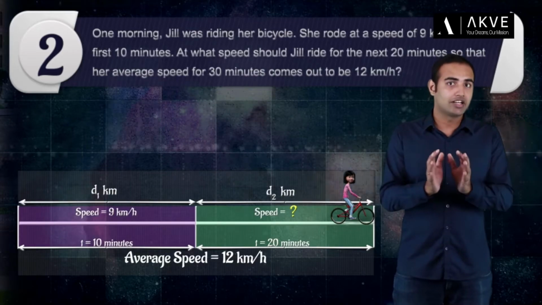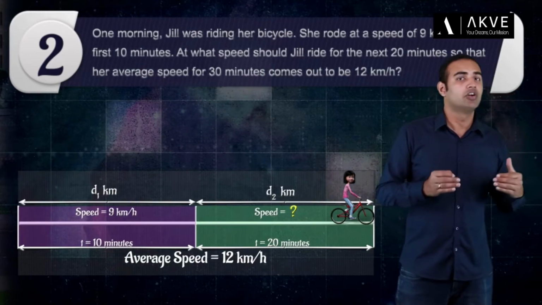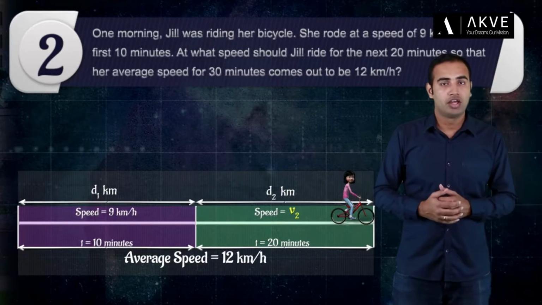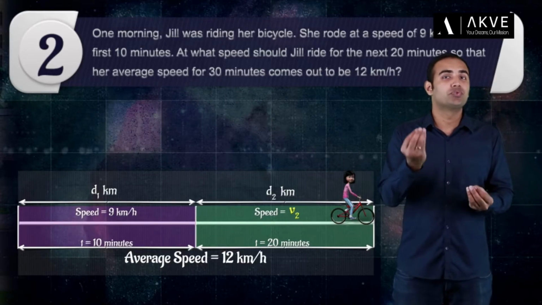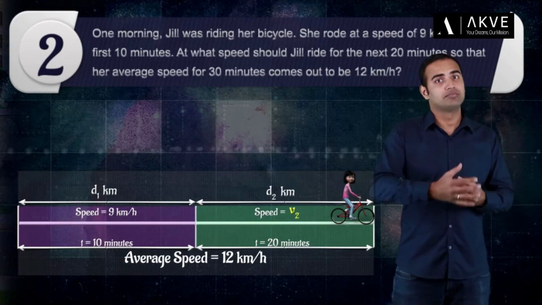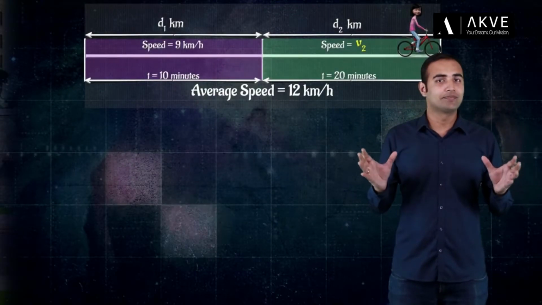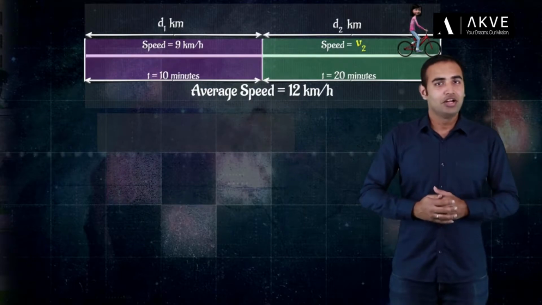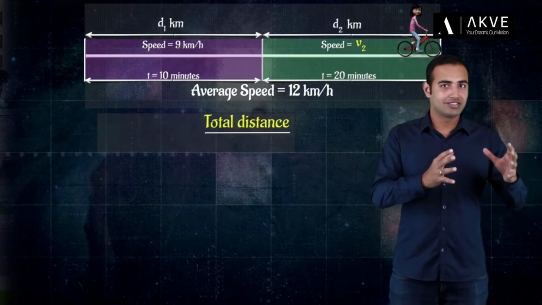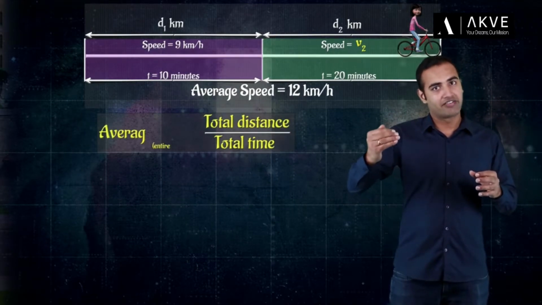And the speed at which Jill traveled the second half was equal to v2 kilometers per hour. So the value of v2 is what we are supposed to find in this problem. So now that we have described our problem diagrammatically, let's begin solving it. So we know that total distance divided by total time is the average speed.